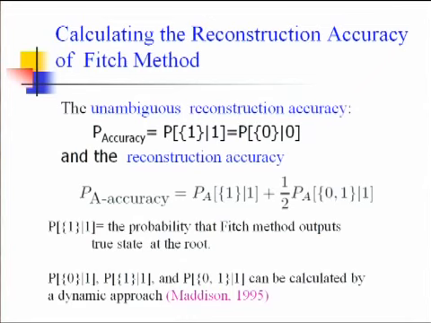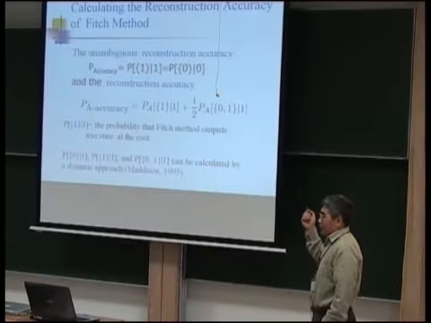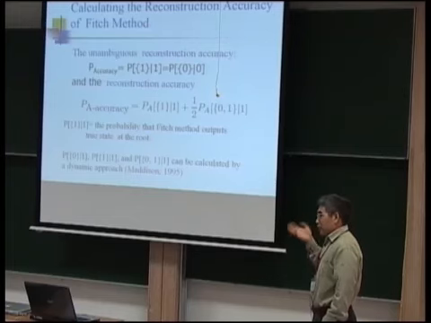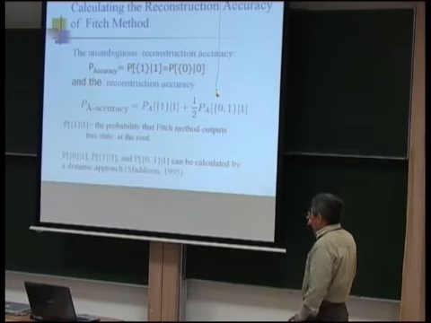But we also consider the reconstruction accuracy in this way. It's defined as the unambiguous reconstruction accuracy plus half of the probability that the Fitch method outputs all the states at the root. Basically, in this way, we can guess the answer if the output is all the states.